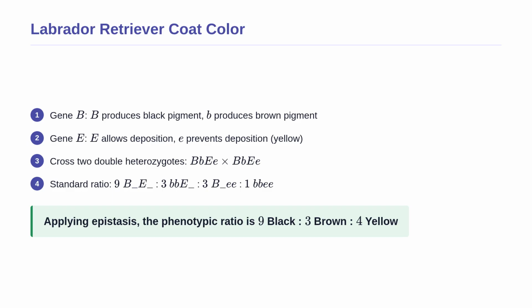We are asked to find the phenotypic ratio when crossing two double heterozygous black Labradors. We set up the cross and determine the standard genotypes. Because the recessive E allele is epistatic, it will override the pigment gene entirely.